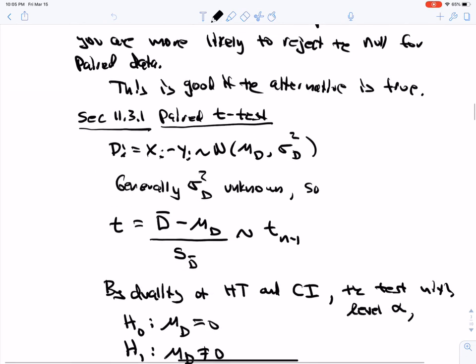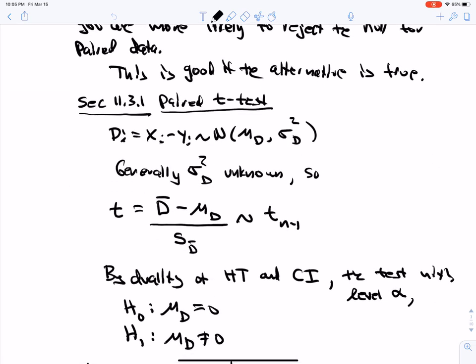So now on to the paired t-test. We have our difference here, which is normal mu d, sigma squared d, and generally sigma squared d is unknown.